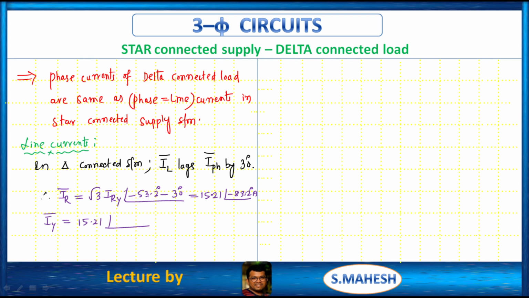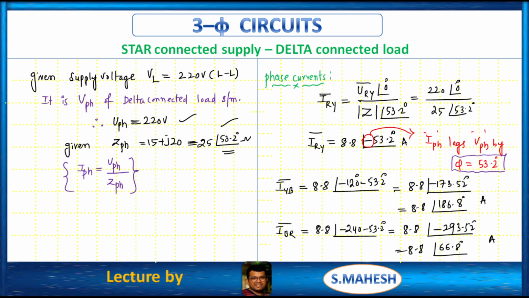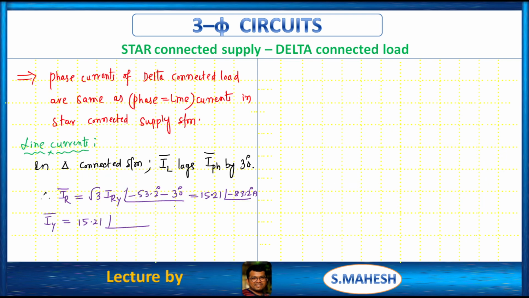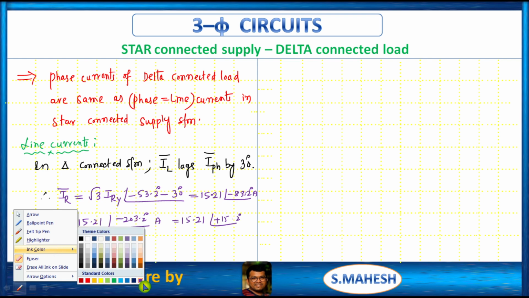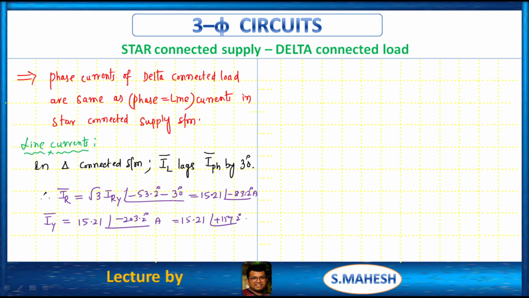We have minus 173.2 minus 30, that is minus 203.2 amperes, or you can write 360 minus this 203.2, which gives 156.8 degrees, right amperes.